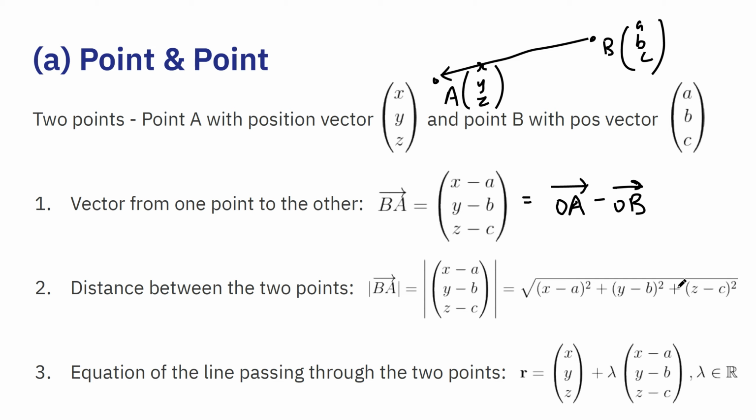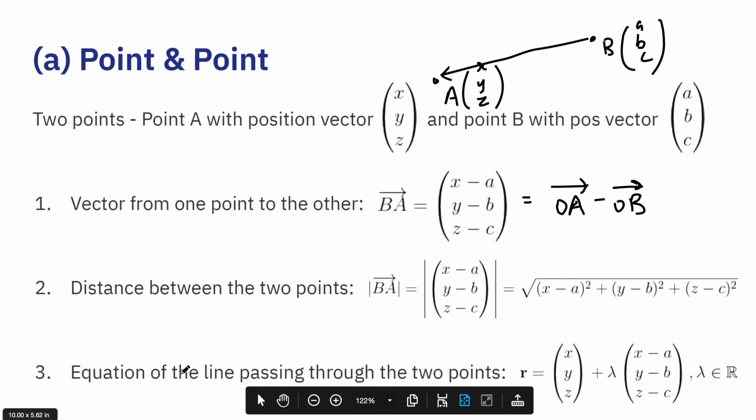And last but not least, they can ask you for the equation of the line passing through the 2 points. First, we need to pick any point, x, y, z, or a, b, c, and this would come in here, plus lambda multiplied by a vector that is parallel to the line passing through A and B. This can just be the vector that connects A and B, which we found here, x minus a, y minus b, and z minus c.